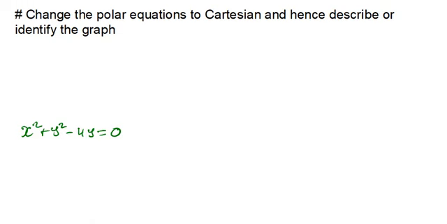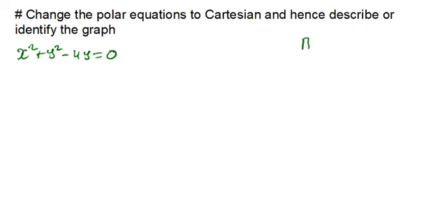But if you want, you can use the discriminant test to find out what this is. Remember, b squared minus 4ac equals some value, and when it is greater than 0 it is a hyperbola, when it is less than 0 it is an ellipse, and when it equals 0 it is a parabola.